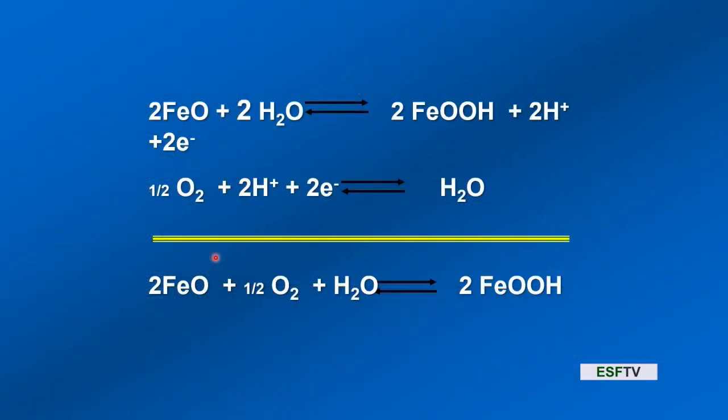We put all that together, and we show the change in valence, the consumption of electrons. We add that to the reduction of oxygen, and it just boils down to this equation: iron oxide in the presence of oxygen goes to FeOOH. And this is the bottom line.